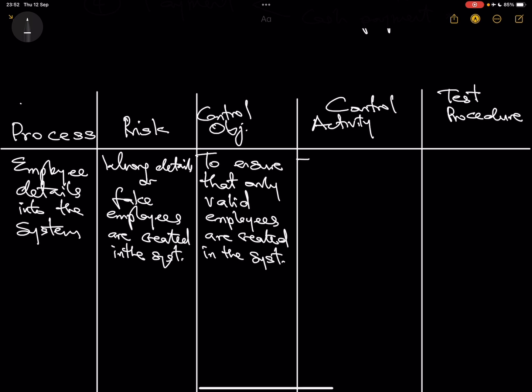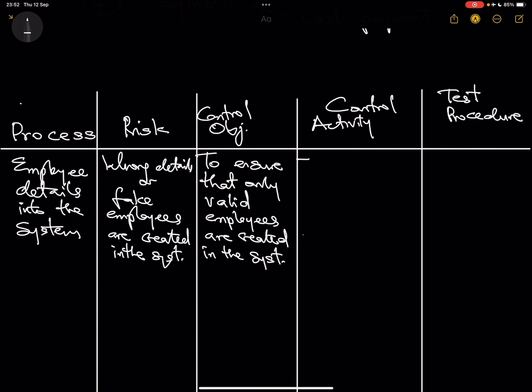In addition, when that staff's details are put into the system, a director must still approve the details in the system by checking what has been put in against the form he has signed. With that, it's very unlikely to have a fake staff or wrong data in the system.